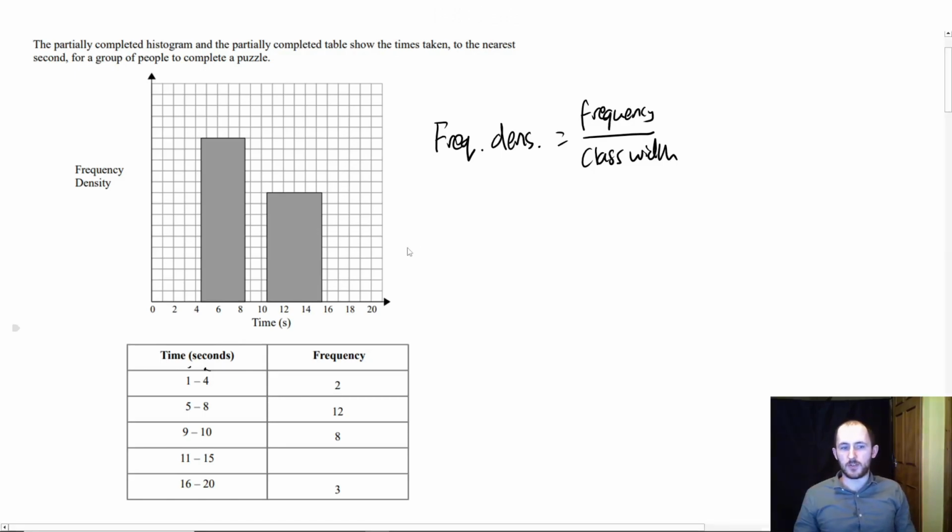One thing that you should definitely know is that if you look at these boundaries, they're not actually correct. If you look here, this is actually at 4.5 and 8.5, not at 5 and 8. This is because there should be no gaps between classes when you're talking about histograms. So if we get started, we need to fill in the rest of this. The first thing I'm going to do is write down all of the actual class widths.